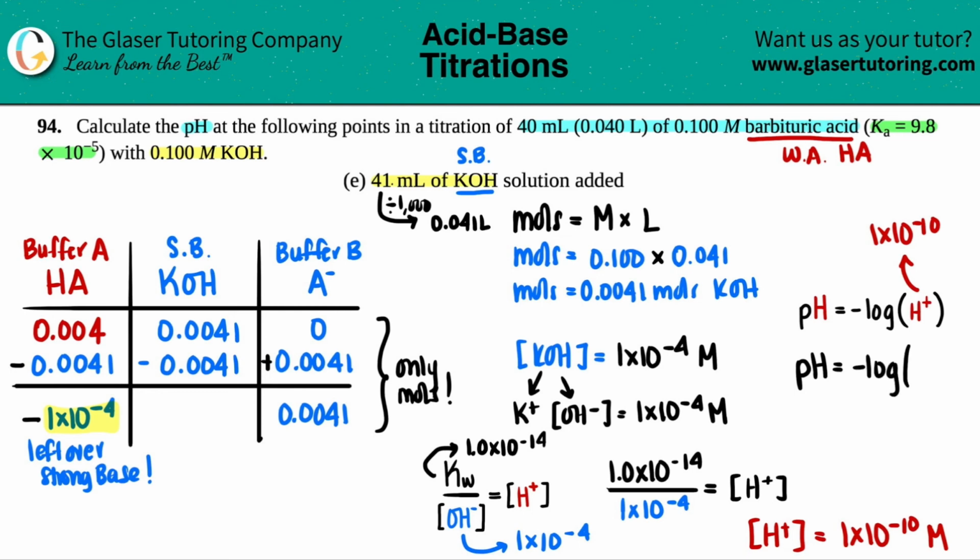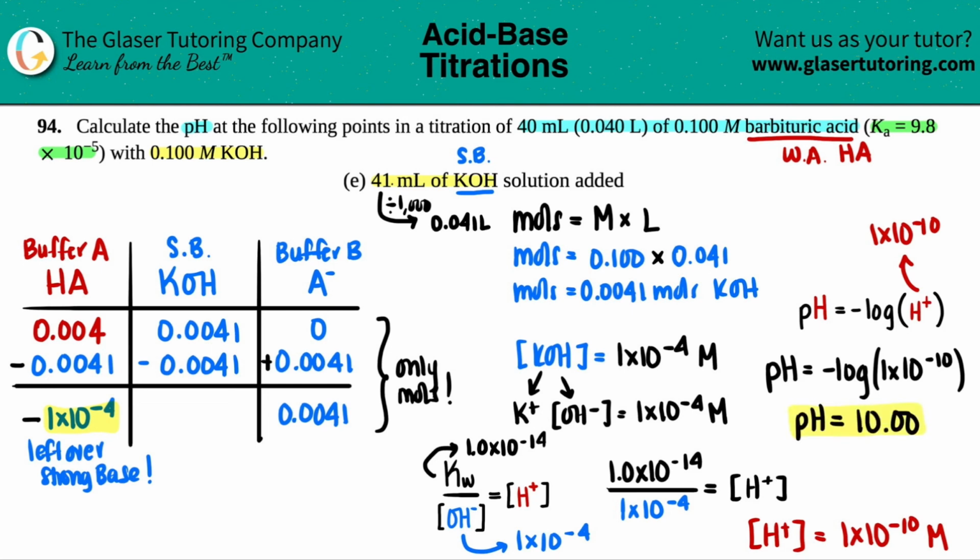Negative log of 1 times 10 to the negative 10th. pH equals 10. And I guess we'll add the 2 sig figs after. So 10.00 right on the nose.